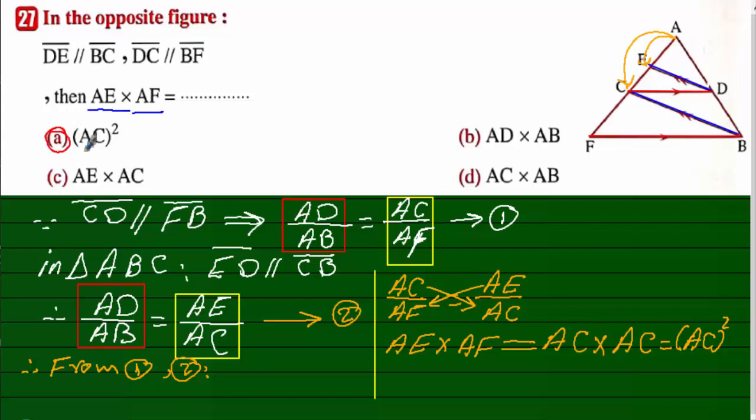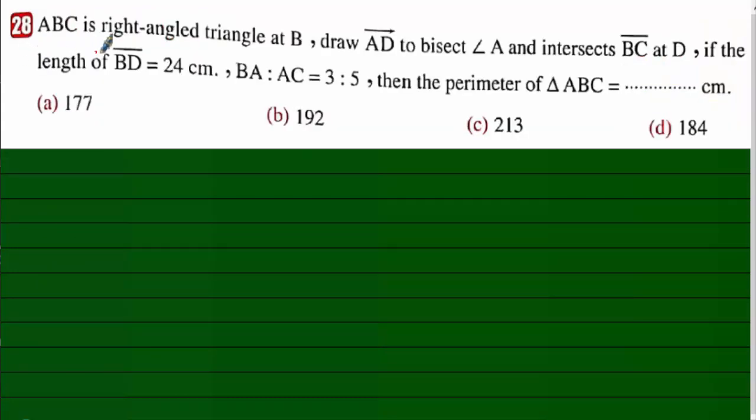This is the solution. Question number 28. ABC is a right angled triangle at B. So first we draw the triangle here.